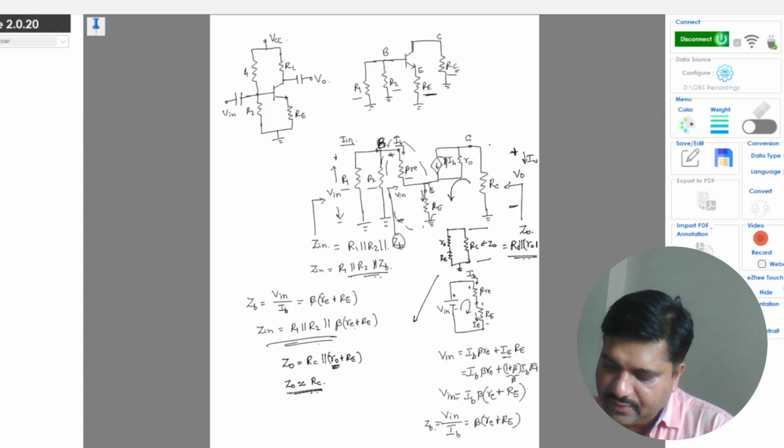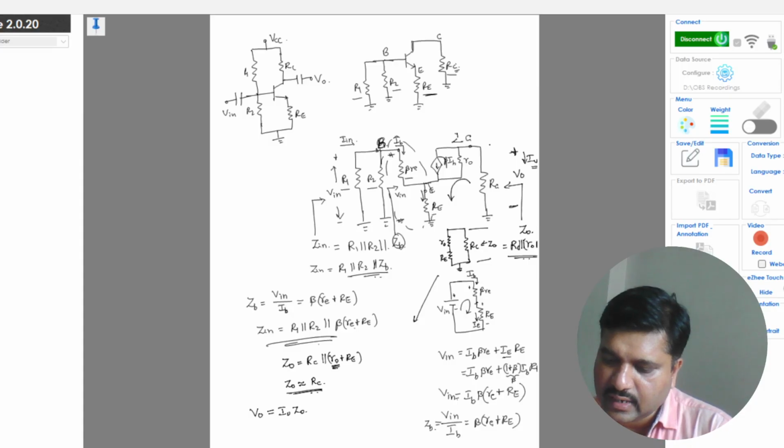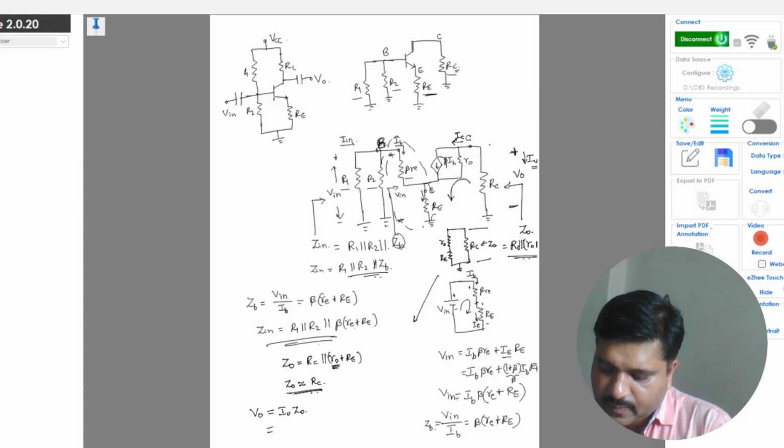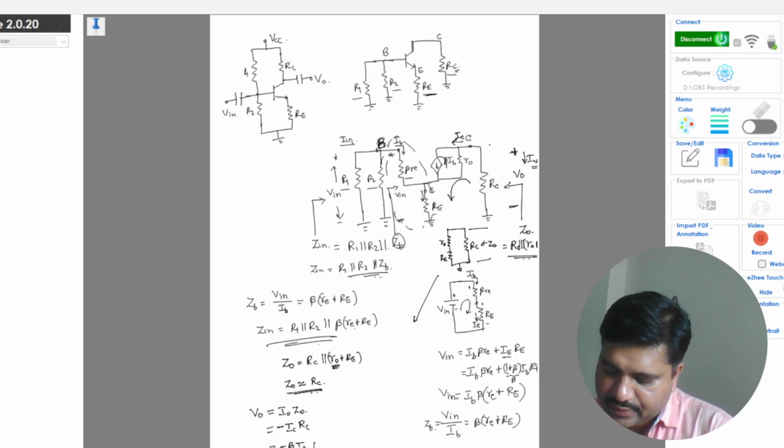Now to find the gain, I will write my output voltage expression, which is equal to I0 into Z0. This I0 is equal to the IC, which is flowing in the opposite direction. So this will be minus IC into Z0, which is RC, whereas IC is beta times IB into RC. So this is my V0.